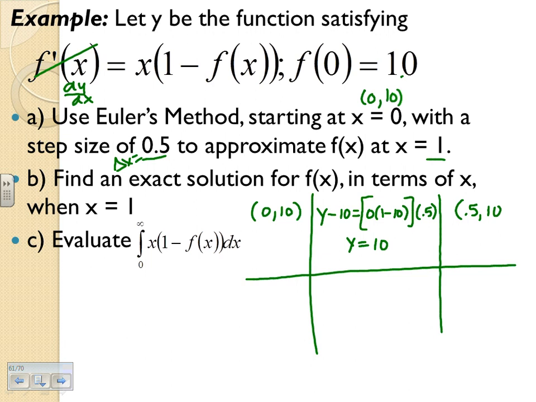Parentheses. Gosh, I keep doing that today. Parentheses. Alright. 0.5, 10.